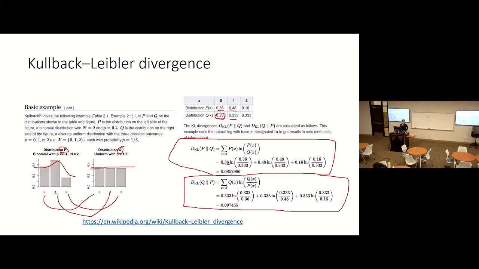Sometimes people calculate both PQ and QP and take the average as the KL divergence between two distributions. But I believe the Earth Mover Distance should be the same whether you move your pile of earth from one end to another or push it back. It should be the same, but we can double check. I didn't put this Earth Mover Distance in the slides here.